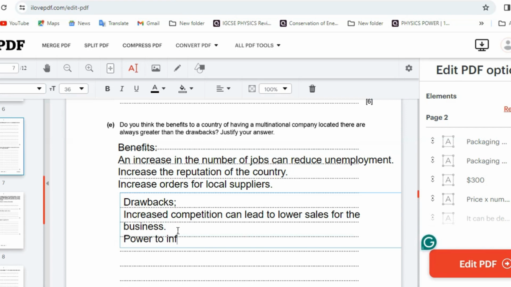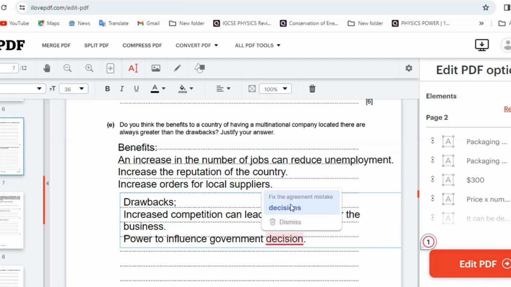Power to influence government decision in the local economy. That's another one. Okay, the one you remember is use of scarce resources.